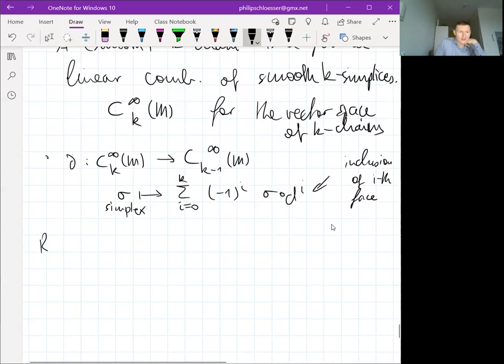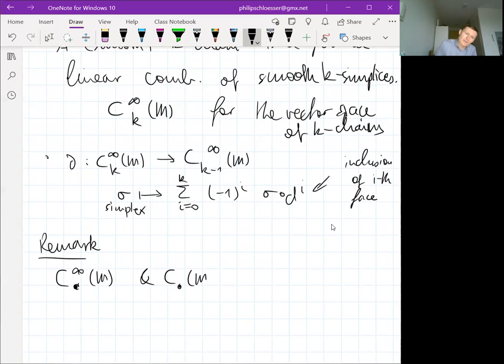And one can in particular show that every continuous K-simplex is homotopic to a smooth K-simplex. So the chain complexes C dot infinity M and C dot M are homotopic or homotopy equivalent as chain complexes.